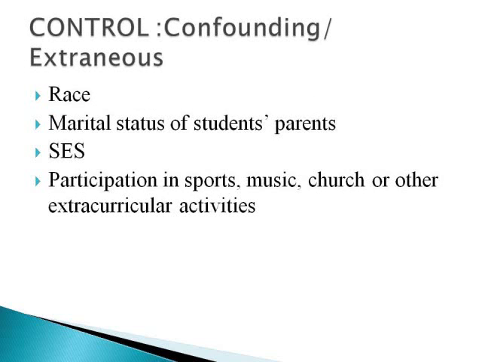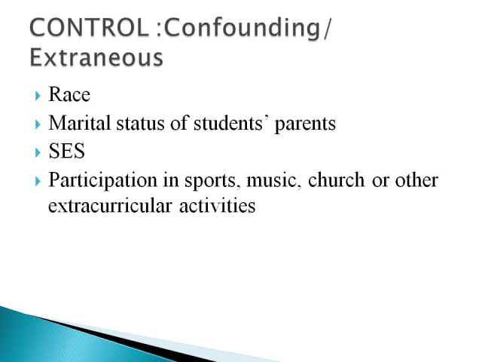So what are the extraneous variables here? Well, could be race. People of color could react very differently to your intervention than Caucasian people. You don't know. Marital status of the student's parents. Was her mother ever married? Is she currently married? It may make a difference. Financial status may make a difference.